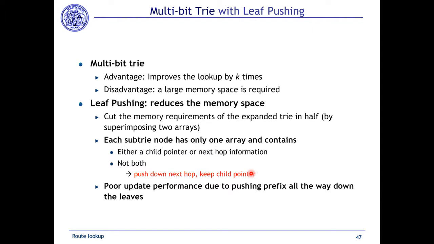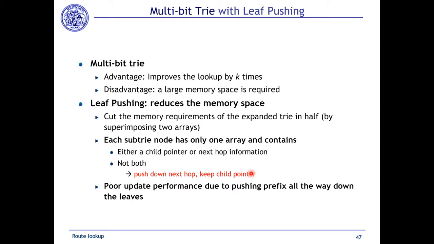This technique consists in using one single array instead of 2 in each node, and this array will contain next hop information in some positions and pointers in some other positions. Okay? So we are just compressing the information inside each node.